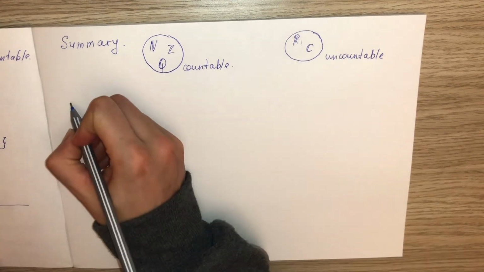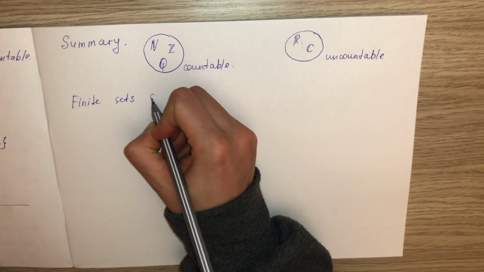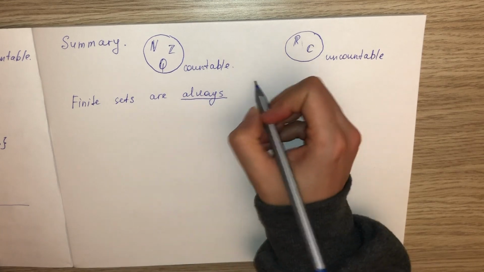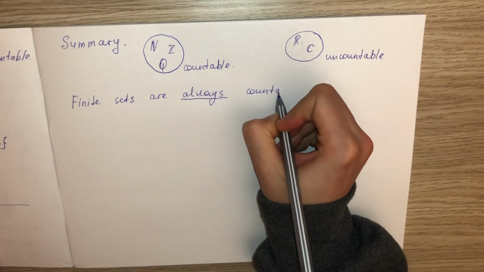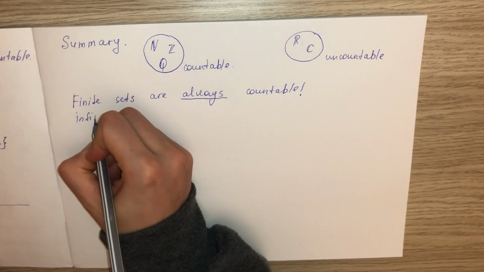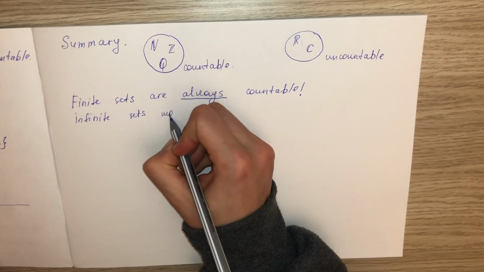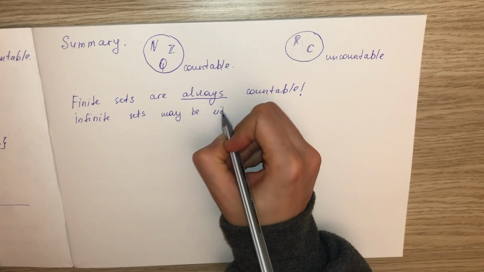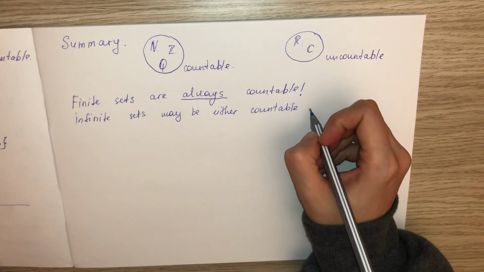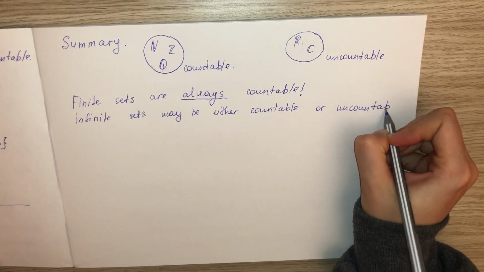So finite sets, remember that finite sets are always, I highlight always, countable. Infinite sets may be either countable or uncountable.